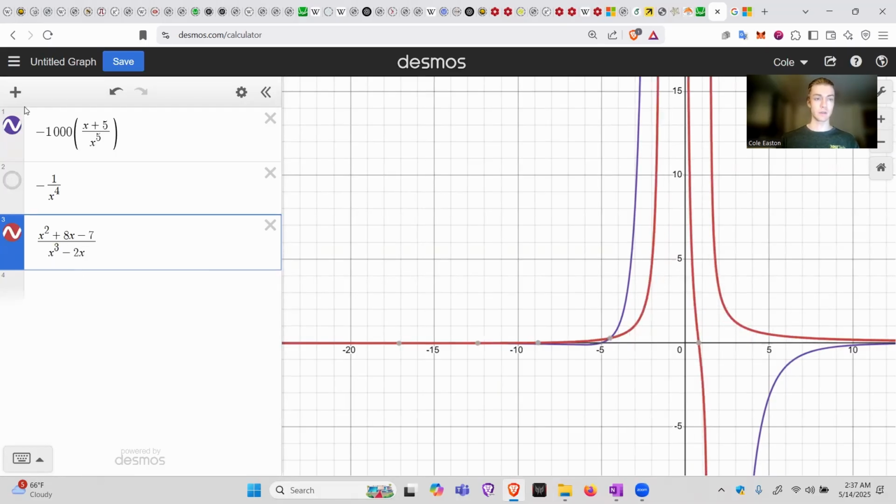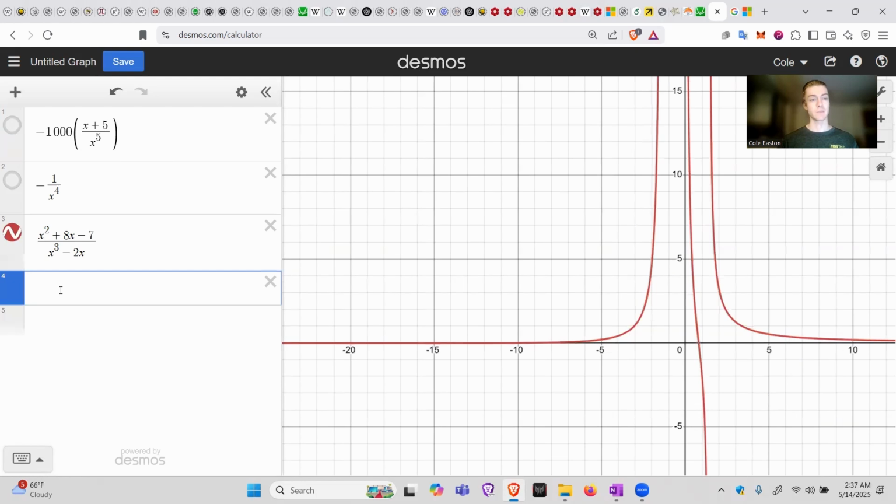Let's get rid of these other graphs. Then I'm just going to look at these very first terms, and I'm going to say, well, that's basically the same as x squared over x cubed, which is the same as 1 over x.